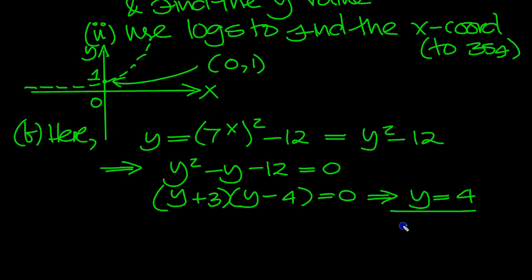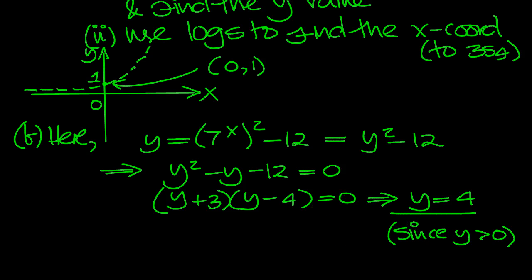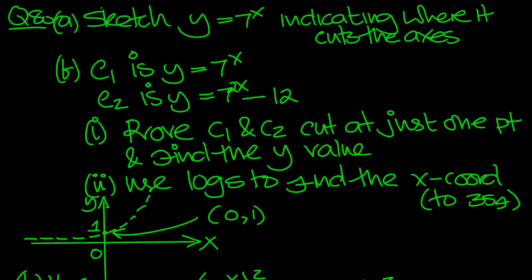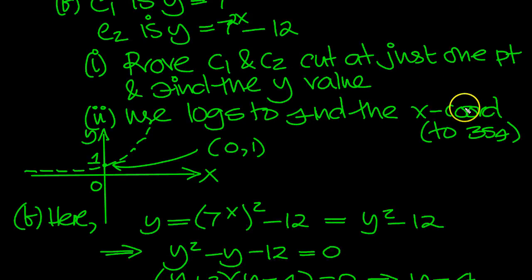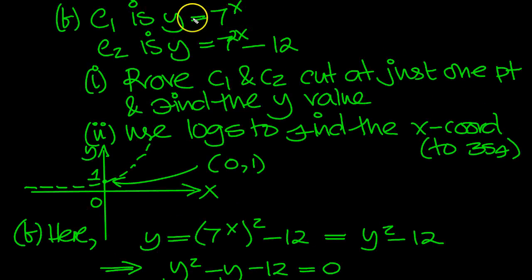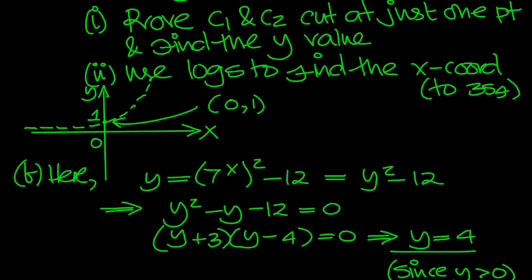Since y is positive, okay, so there's just one solution when y equals 4. So we've got y equals 4, and use logs to find the x-coordinate now. So let's sub that in one of the equations. We'll sub it in the easier one of the two, 4 in here. So this is part 2.